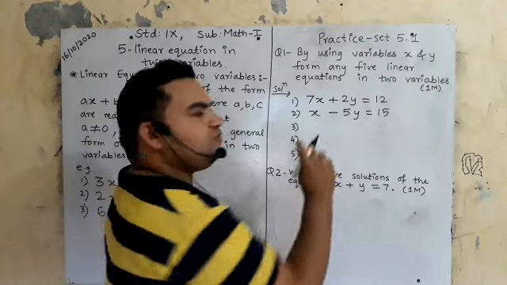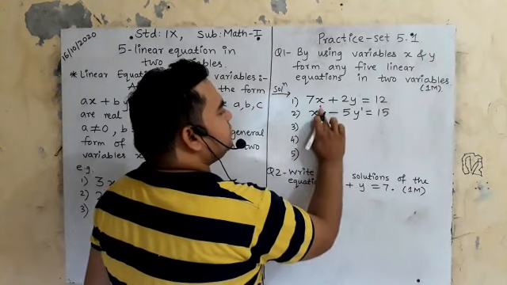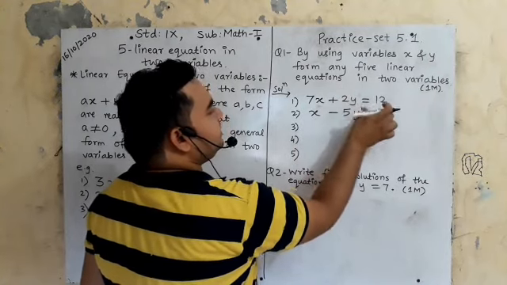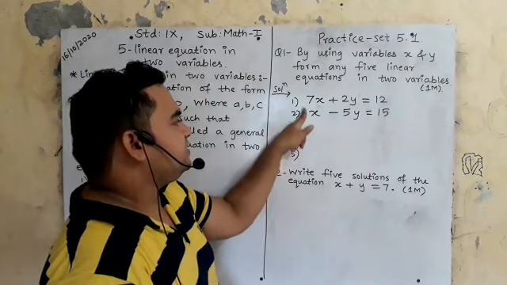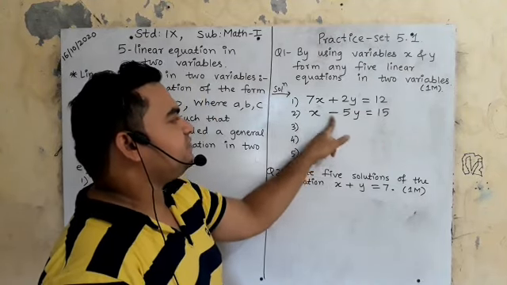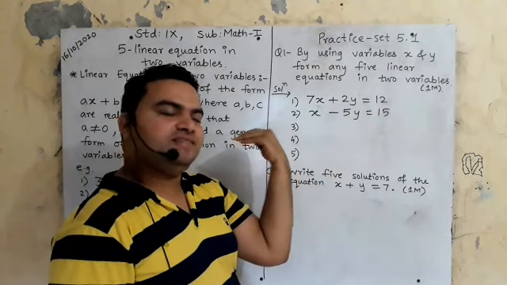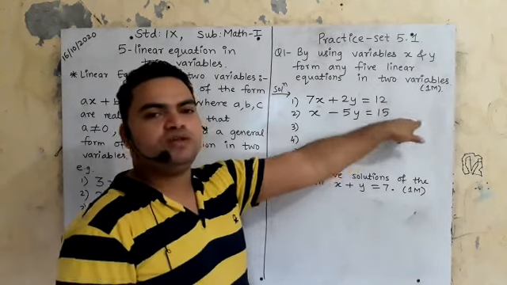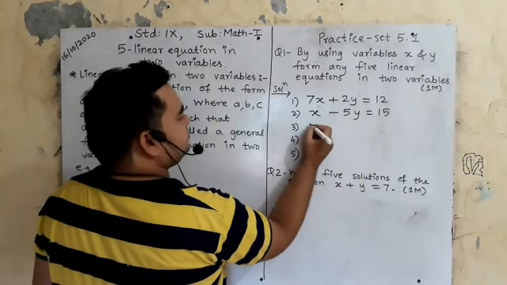Here also x and y are two variables whose highest degree is 1. So therefore this is a linear equation in two variables. Is it clear? The coefficient of x is 1, the coefficient of y is minus 5, and this 15, if it comes to the left hand side, will be minus 15 is equal to 0. Is it clear? So now look at here.